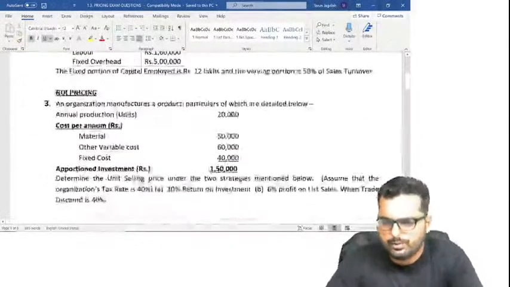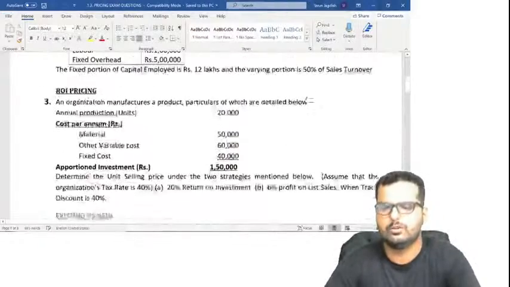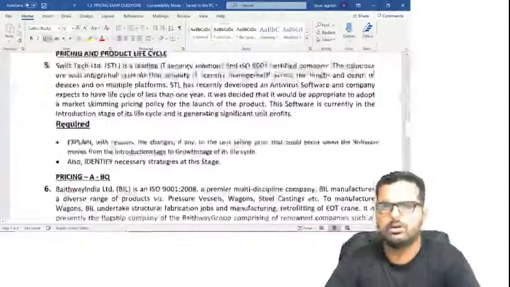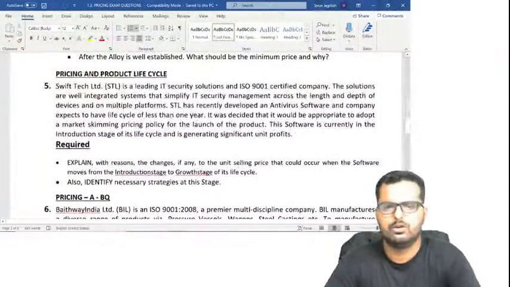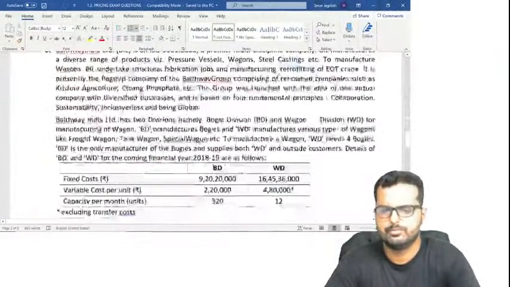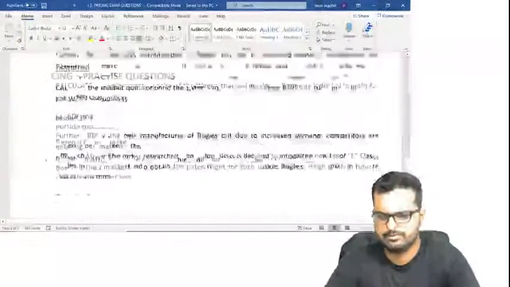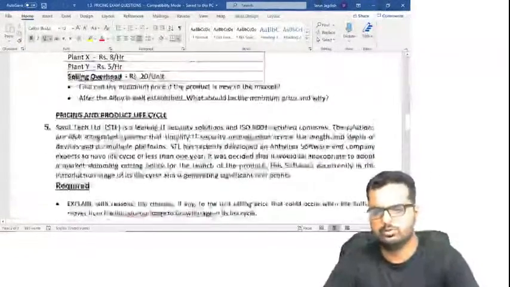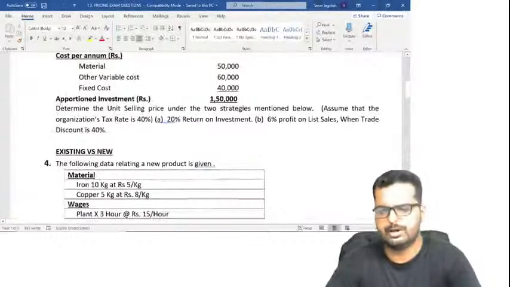I believe we were following this. 3 is done. Now we were on question number 4, right? I believe we did with 3. Okay. So we are having 3 more questions to complete this chapter.